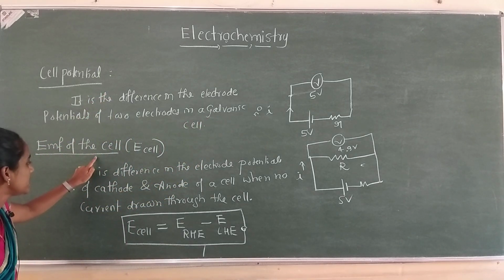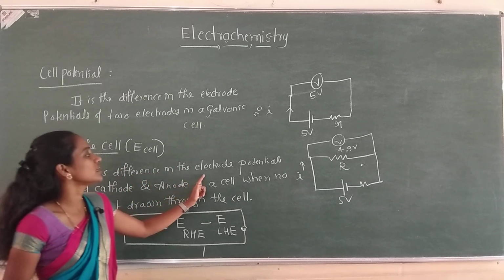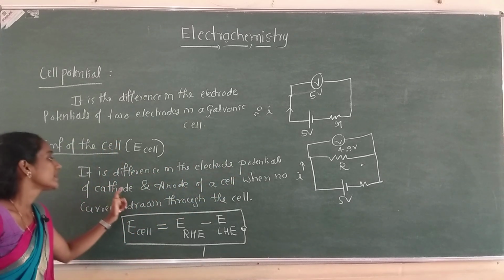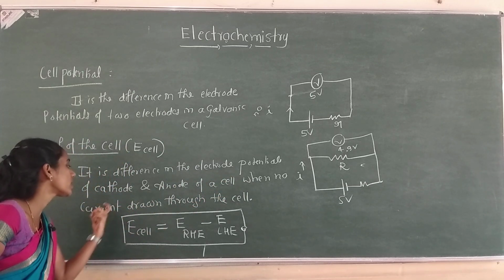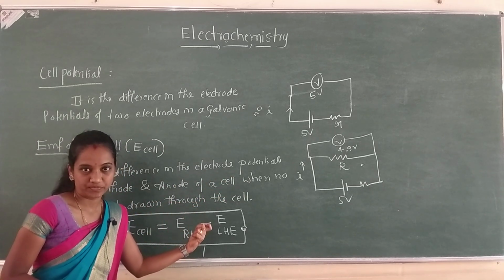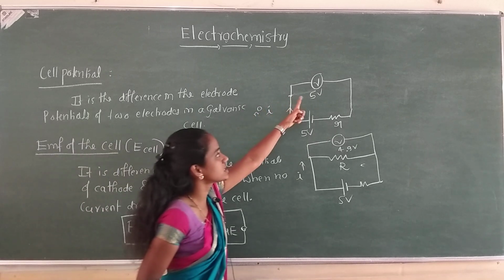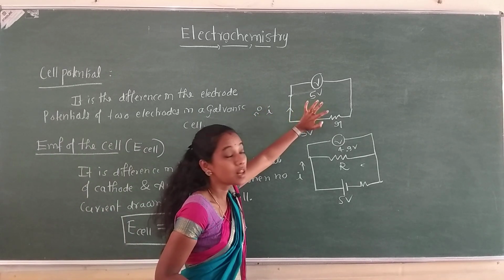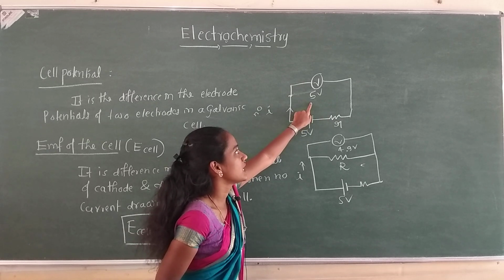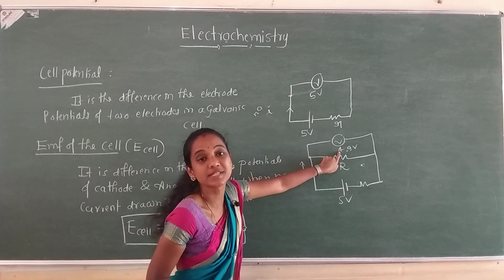Whereas EMF means it is the difference in the electrode potentials of cathode and anode when there is no current, or when no current flows through the cell. That means in an open circuit, whatever value you get, that is the EMF. Always the EMF of the cell is greater than the cell potential.